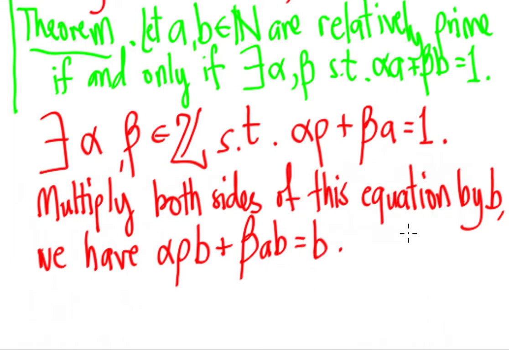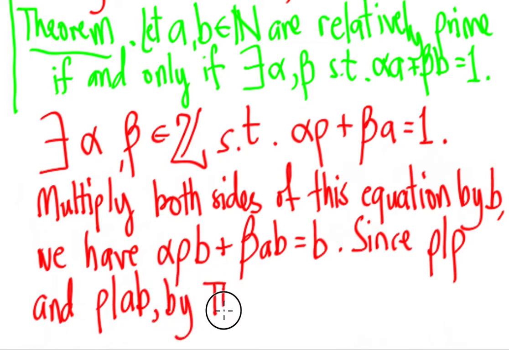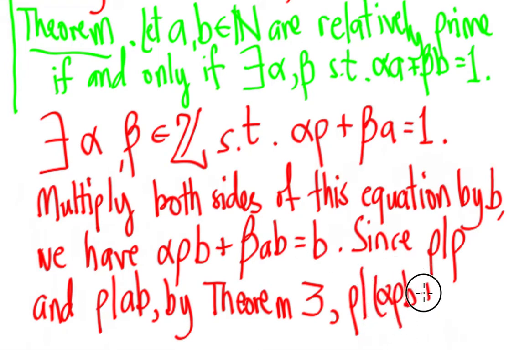Since P divides P and P divides AB, by theorem 3, the linear combination part, P divides alpha PB plus beta AB.